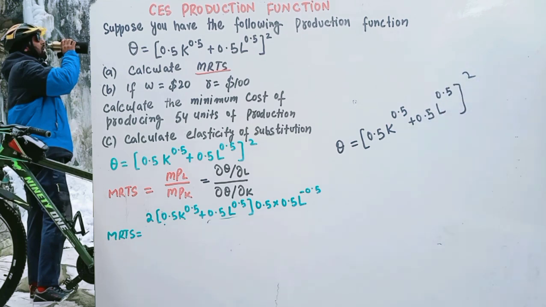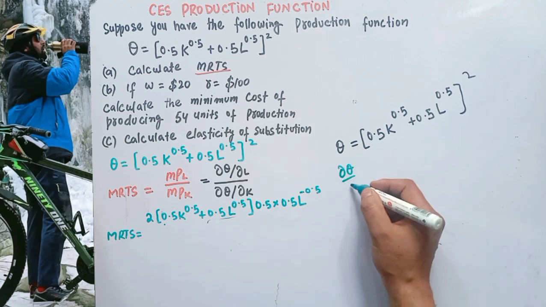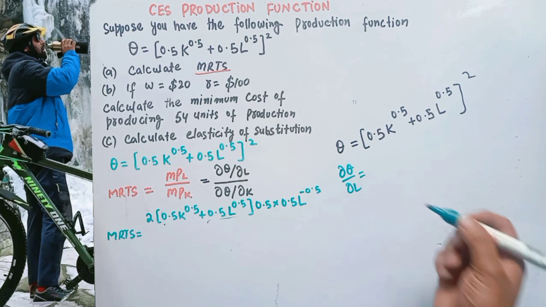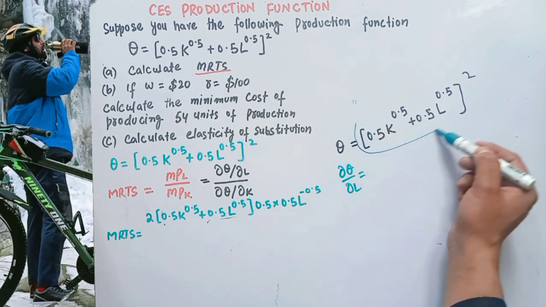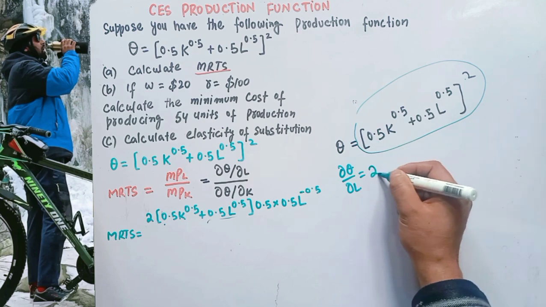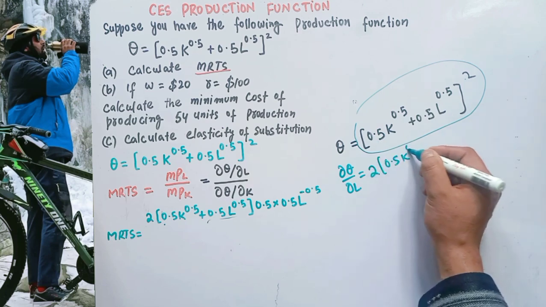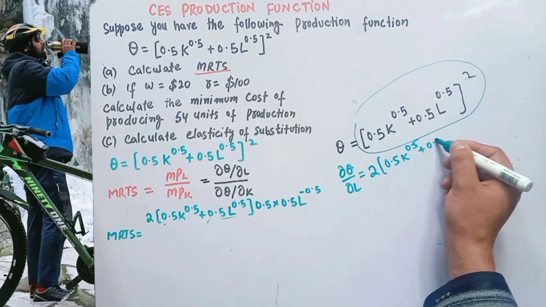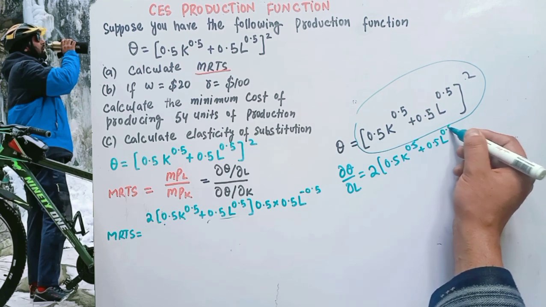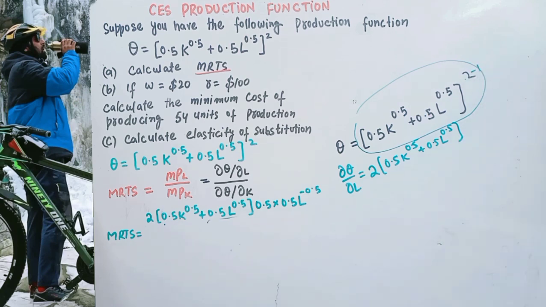What I have done here is take the partial derivative of the production function with respect to L. That means first we apply the power function rule, this 2 becomes the coefficient, then we have 0.5 K to the power 0.5 plus 0.5 L to the power 0.5, and this exponent is subtracted by 1 by the power function rule.